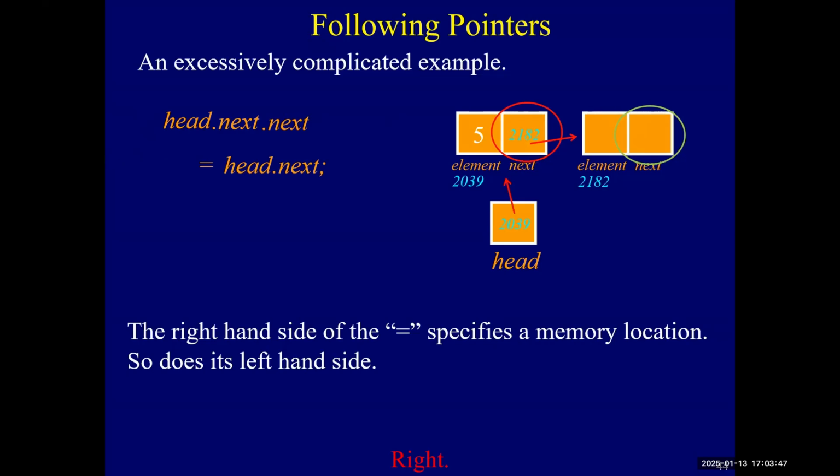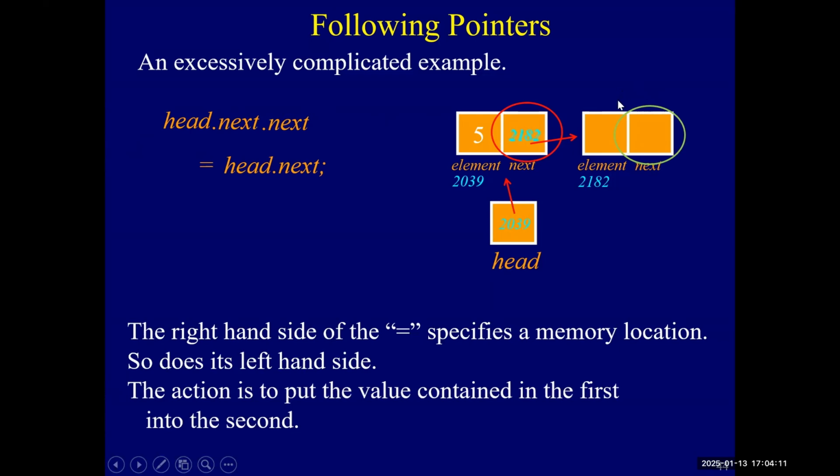We put an equal sign in. Now everybody think what this code's going to do. It takes the value in head.next, which is this one, and puts it in here. So where's this going to point? It's going to point there. Everybody see that?